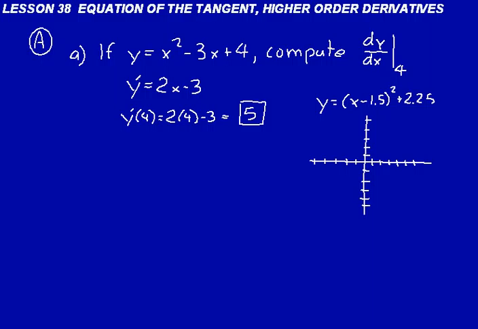The vertex of this parabola would be at 1.5 comma 2.25, so about right there, and it's going to cross the y-axis at 4. If we look back at that original function, when x equals 0, y equals 4, so we can put a dot right there, and we see that it's going to be curving up like that. We can do a symmetrical pattern on the other side there.